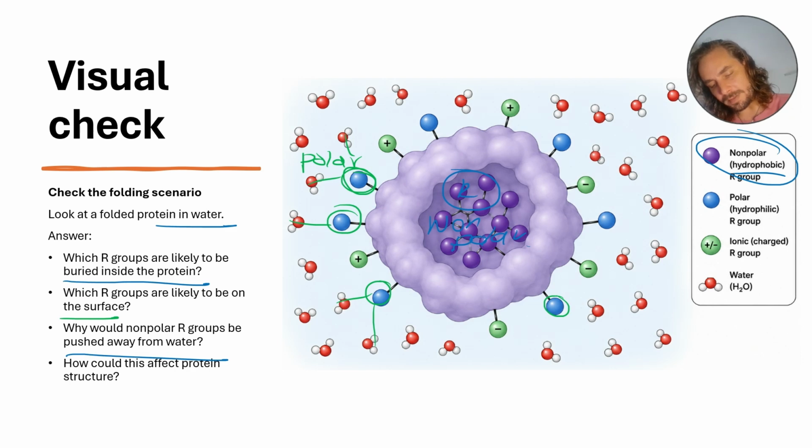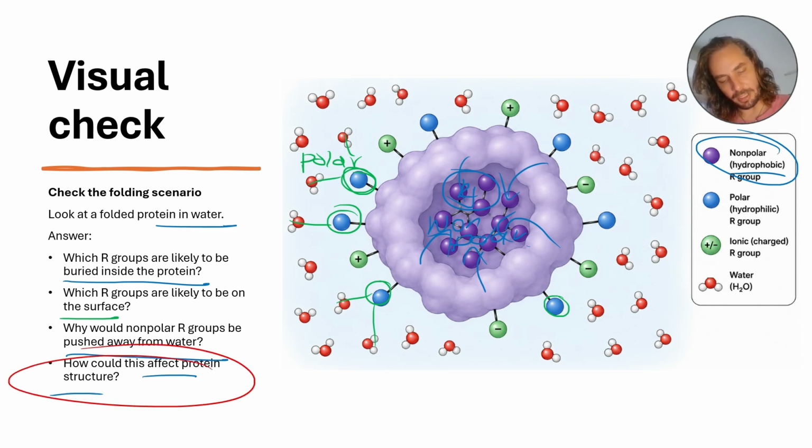And because they form a separate layer, they fold away into the center of the protein. How can this affect the protein structure? It affects the protein structure because the hydrophobic molecules tend to be on the inside and hydrophilic molecules tend to be on the outside.